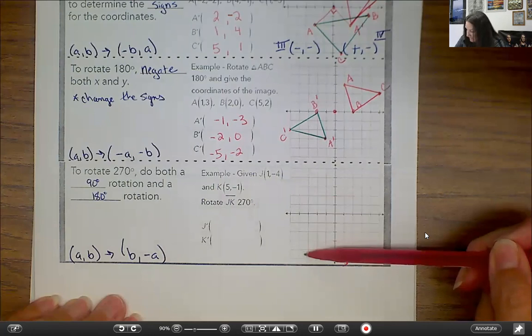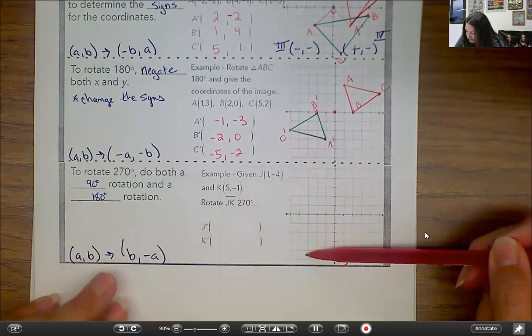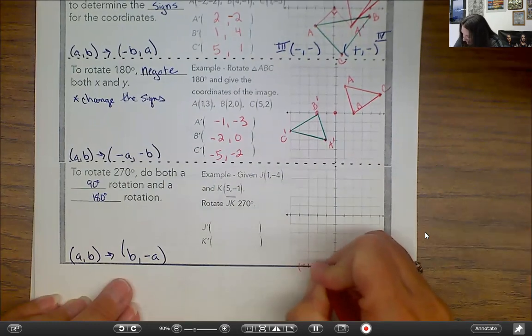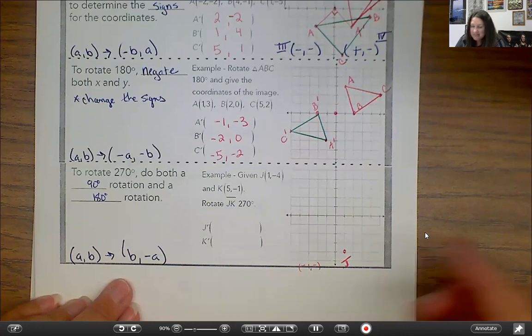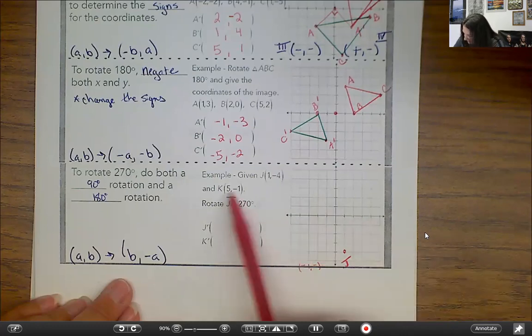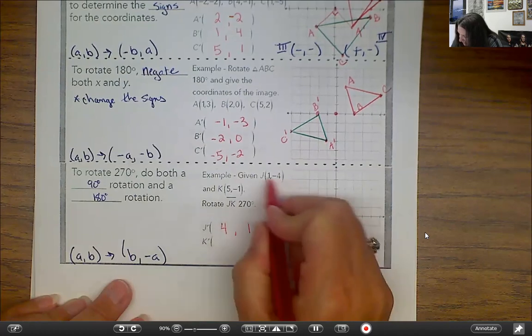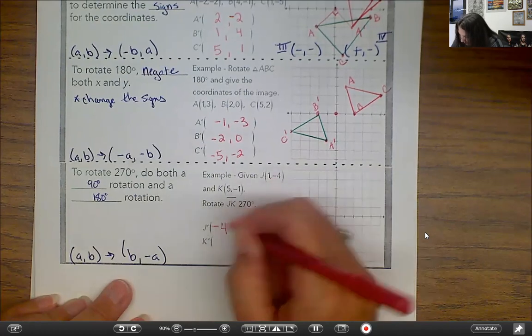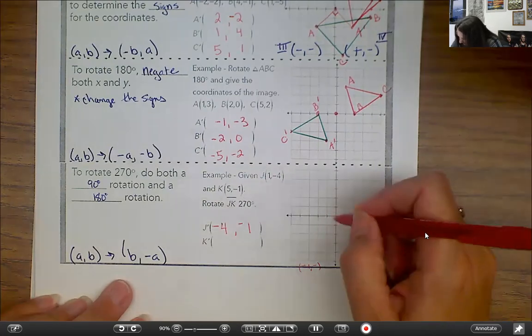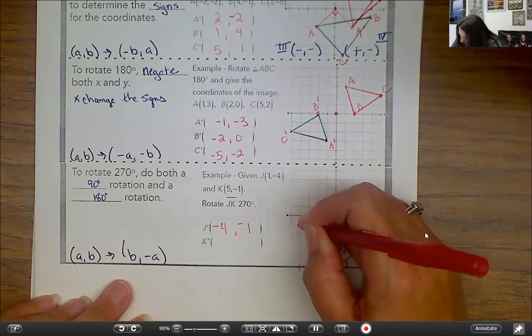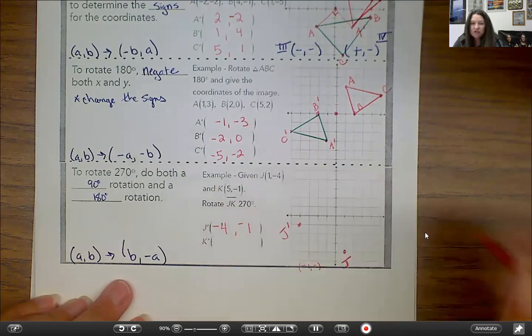So it's going to end up in quadrant 3, and I need to switch my coordinates. Quadrant 3 has negative and negative coordinates. So it's going to be 4 and 1 if I switch the 2 values, and then I make them both negative. So -4, -1. Here's going to be J prime.